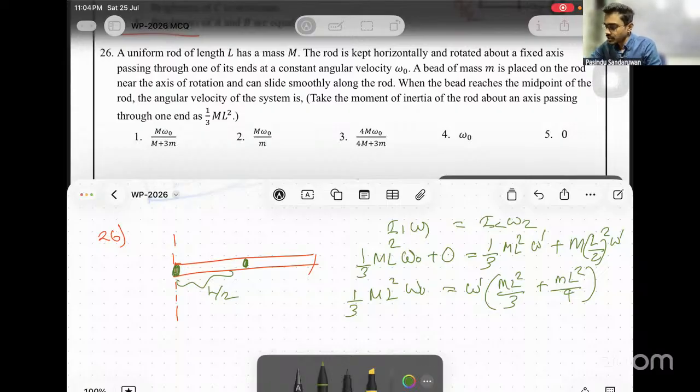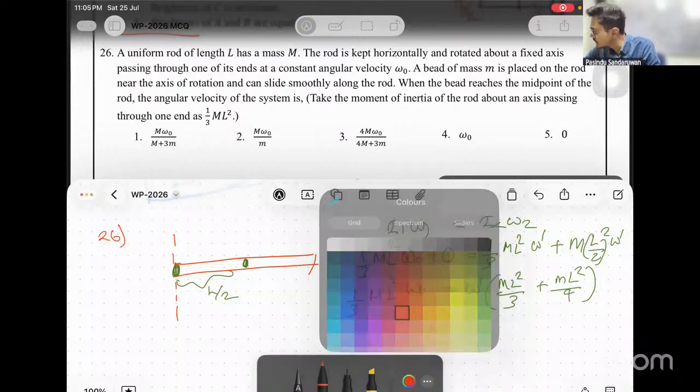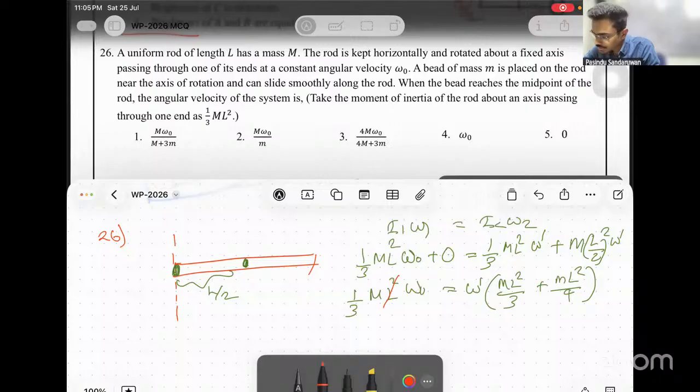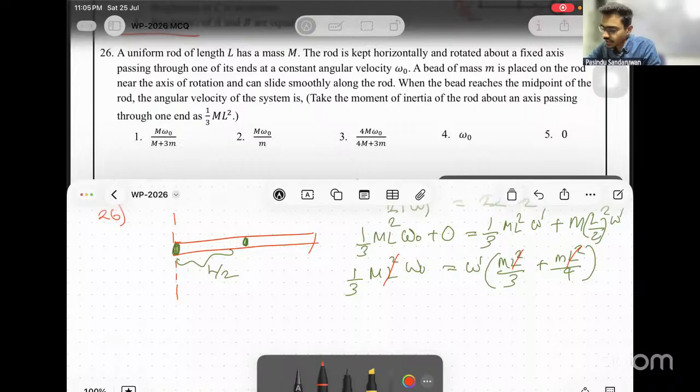Now you can see L squared is also common, so L squared cancels. Both 3 and 4 are here, so what if we multiply by 12, the common denominator?